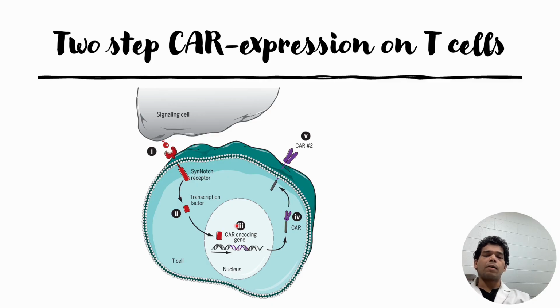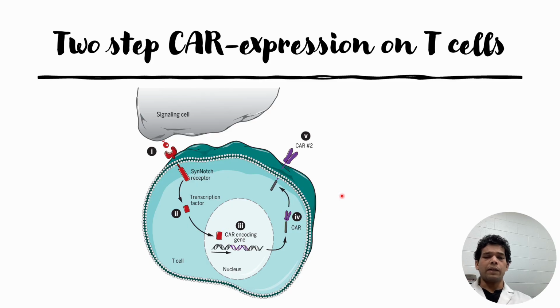This will cause high expression or more trafficking of the CAR, and that will cause overexpression of this CAR on the engineered T cells. So this is one of the problems that people are speculating about in this kind of genetic modification of engineered T cells.